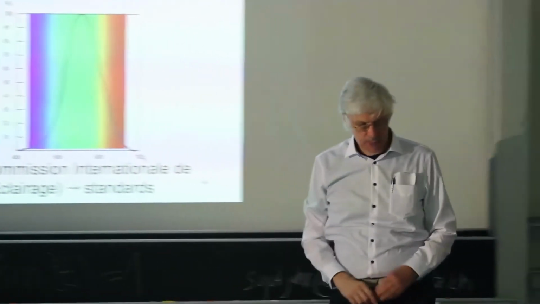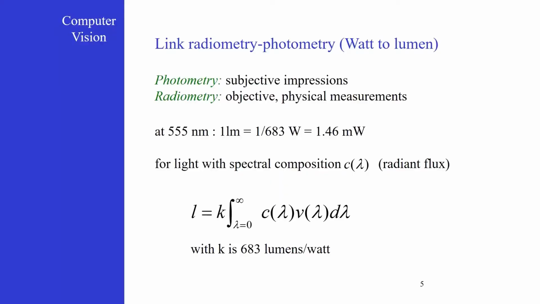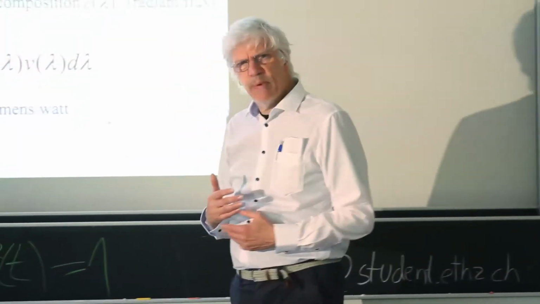Okay. Now, we talked about photometry and radiometry. So photometry is the subjective impression of light that humans get, whereas radiometry is the objective physical measurement of that light, like the amount of watts. Now, photometry always has been a bit elusive.